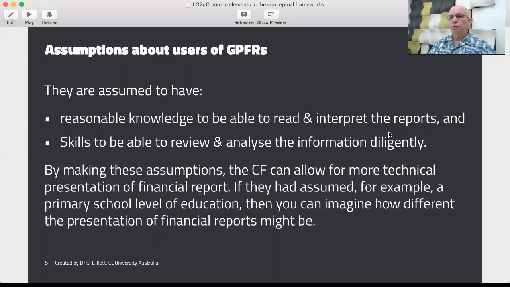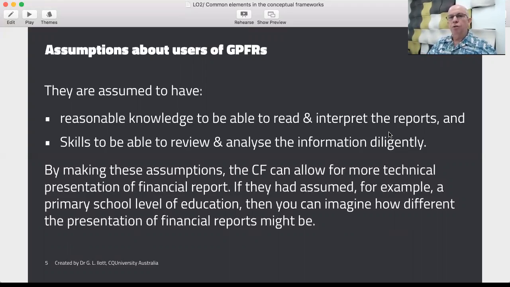Now, because that's a wide range of people, and because it's not possible to take into account the needs of a range of people who could be anyone, we don't know who they are, we assume something about them. So we assume that the users of general purpose financial reports have a reasonable accounting knowledge.